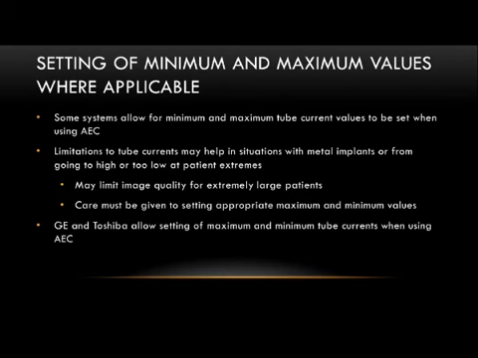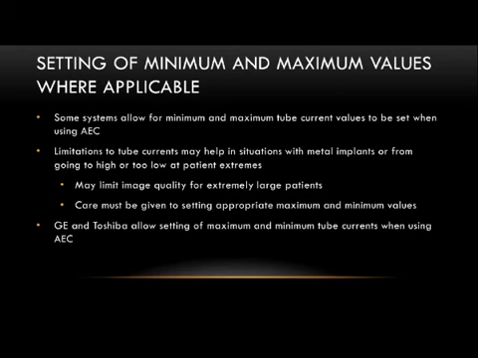So in those cases, limiting the maximum tube current might make sense. But it can also mean that if you set your maximum tube current too low, and you get a really obese patient in, your study might be limited because the tube current has maxed out.